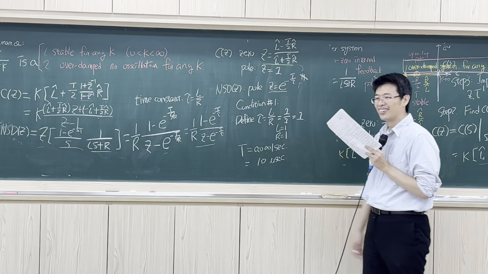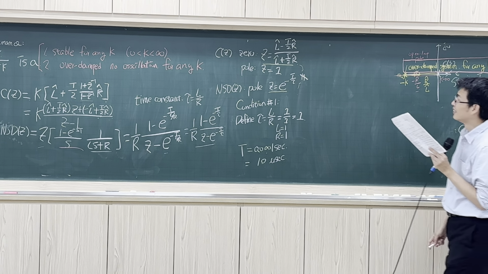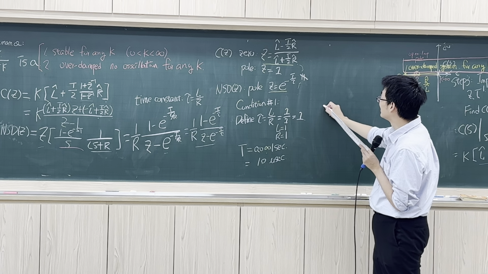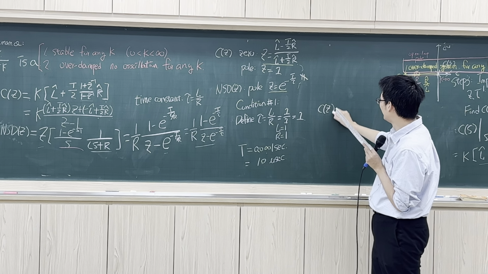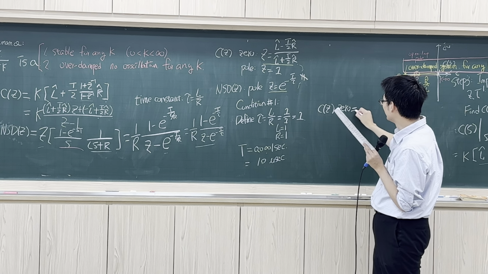Okay, let's check the performance in continuous time. This is a Root Locus in continuous time. It can achieve the pole-zero cancellation. However, in discrete time, in this case, for CZ0, I should calculate the NSD pole first.